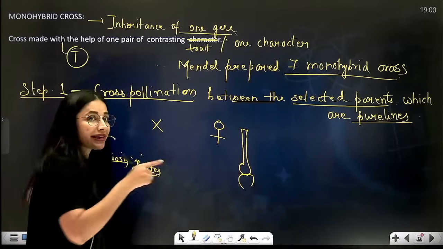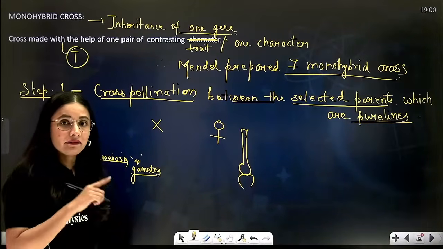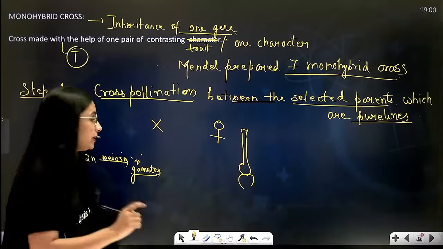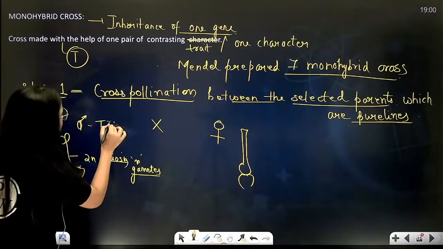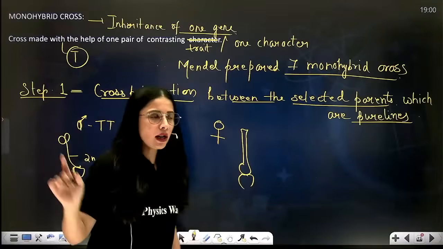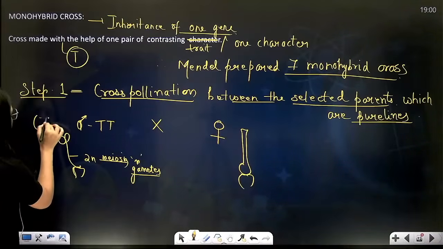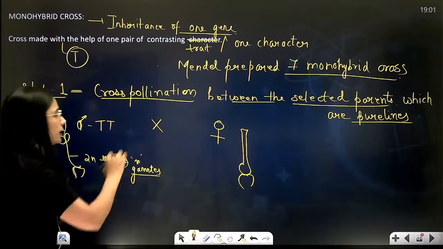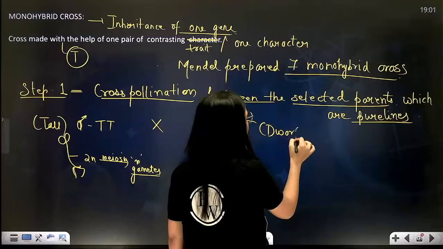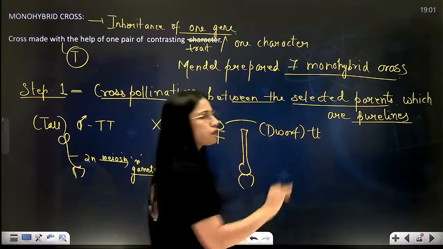Now, you know the mechanism of formation of gamete. We are studying this monohybrid cross for T gene. So, initially, my parent is capital T, maybe my male flower is tall. And my female flower, the phenotype is dwarf, that means small t.